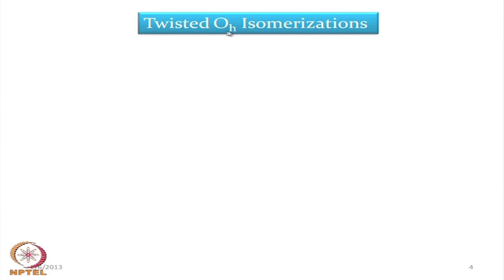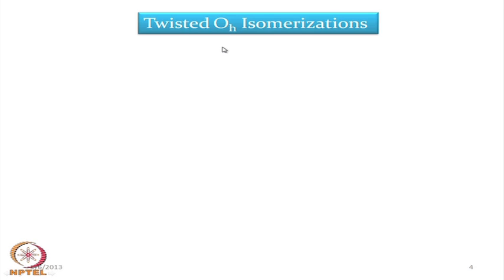Now, we will consider how we get the corresponding octahedral isomerization, where a different kind of twisting is taking place. So, what type of twisting can we have for this kind of isomerization reaction on octahedral molecules?